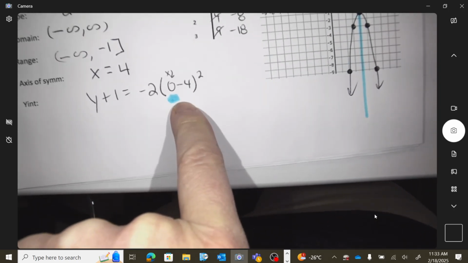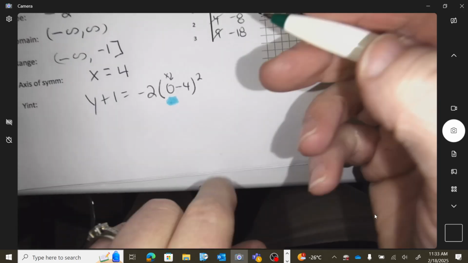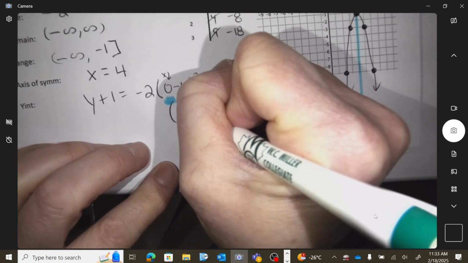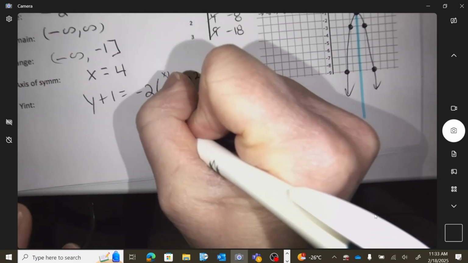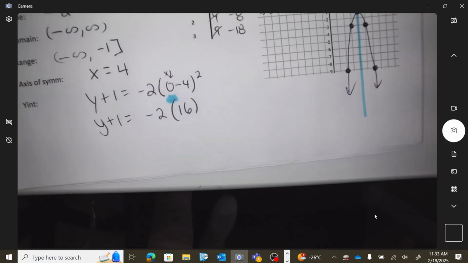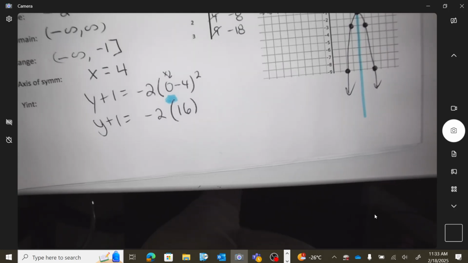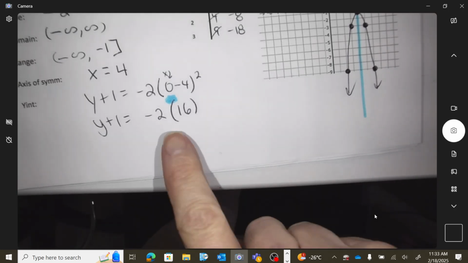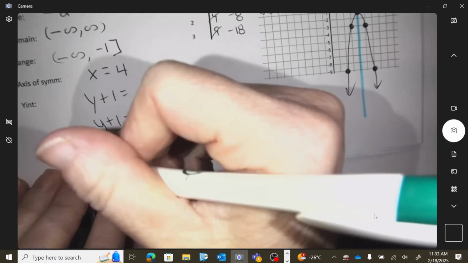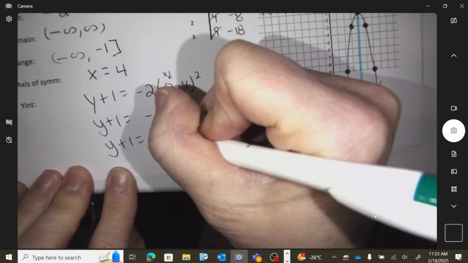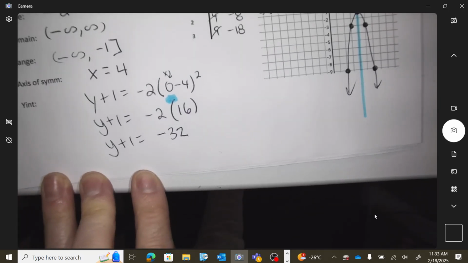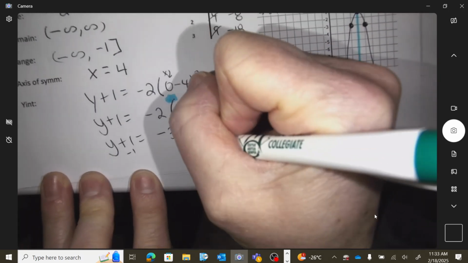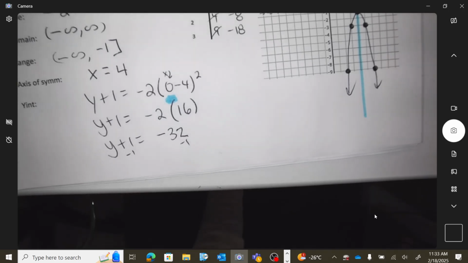What is -4 squared? Positive 16. So you could see my BEDMAS. I processed the bracket value and then I did the exponent value. Now I should multiply that. -32. And I still need to get that out of there, so I'm also going to -1.